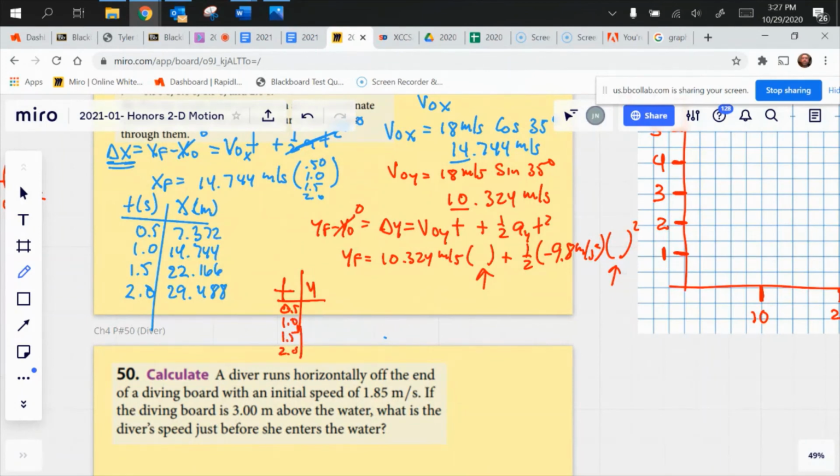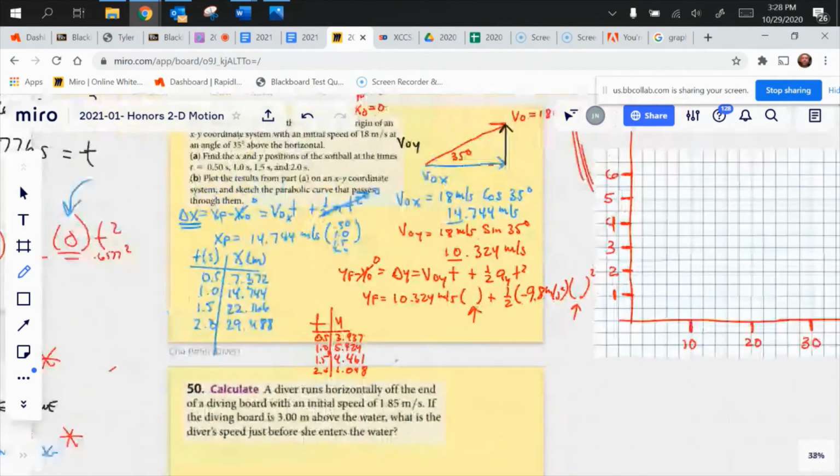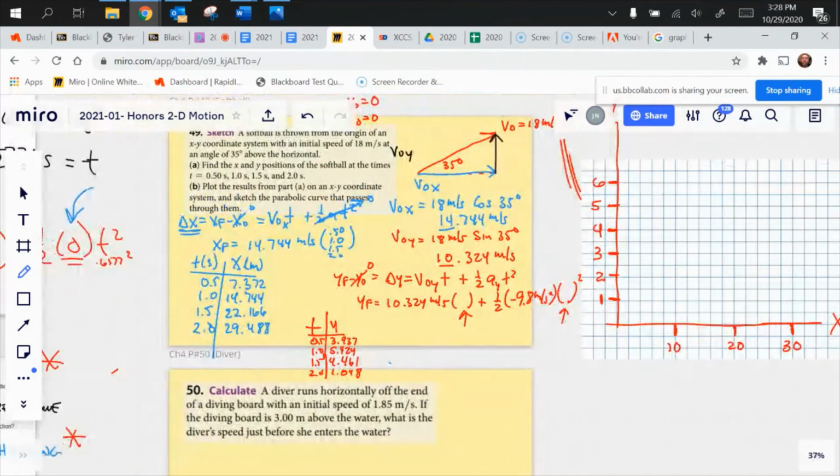And those Y values end up coming out to 3.937, 5.424, 4.461, and 1.048. All that's a little bit more significant figures than you'd actually need. So there are the X and Y positions of the softball at those times.